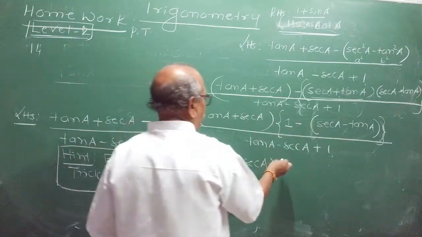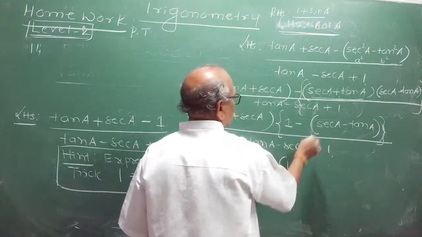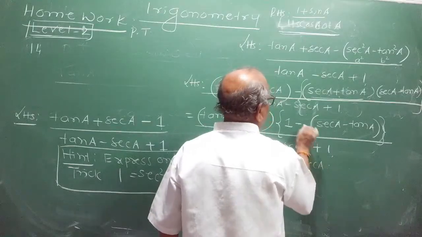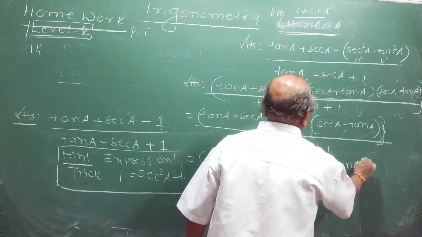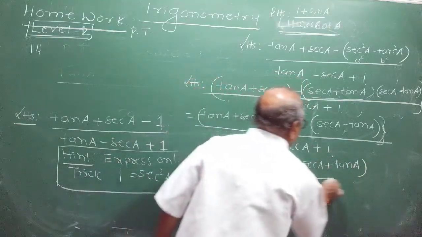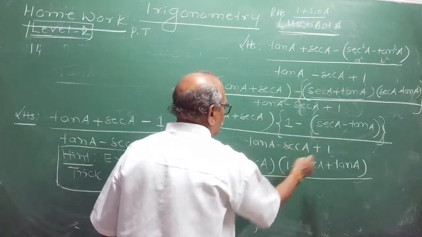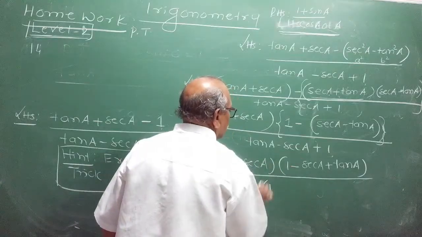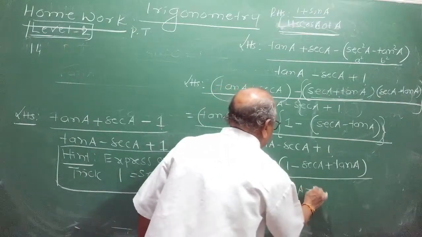Now remove the bracket. What do you get here? 1 minus, remove the bracket: minus into plus is minus sec A, minus into minus is plus tan A. Do you agree with me? Now observe the denominator. Let me rearrange the denominator. Can I write 1 minus sec A plus tan A?